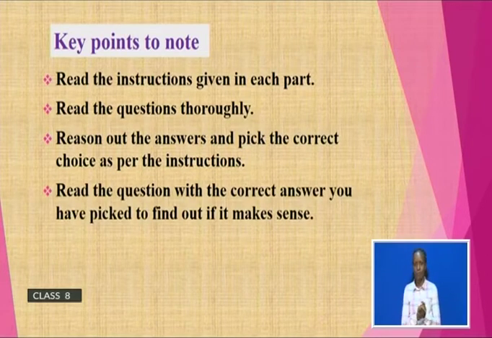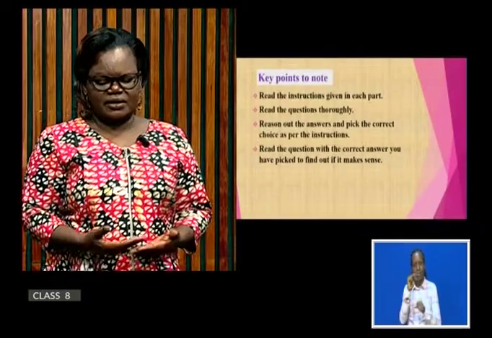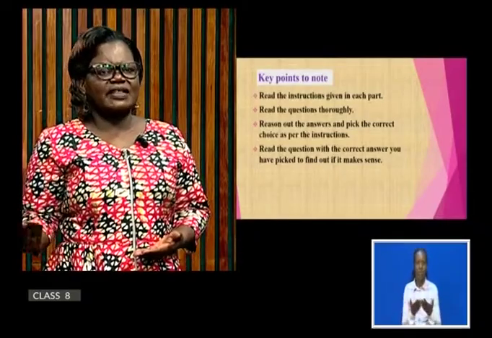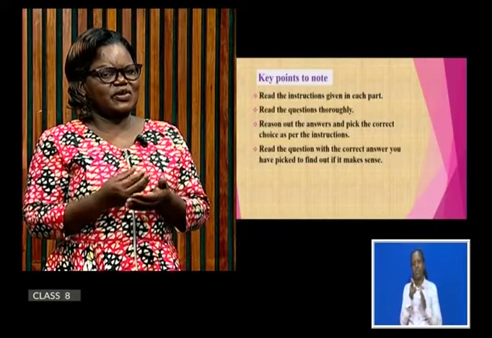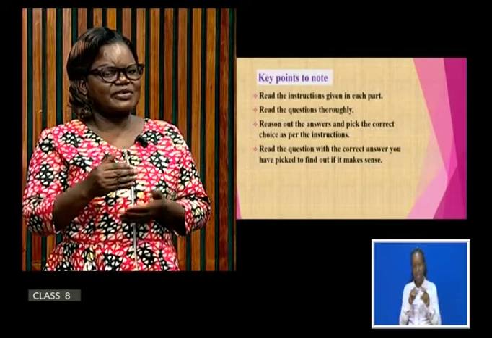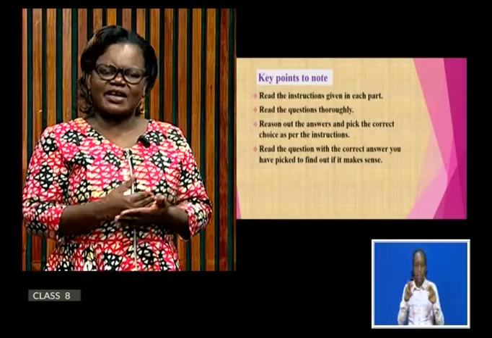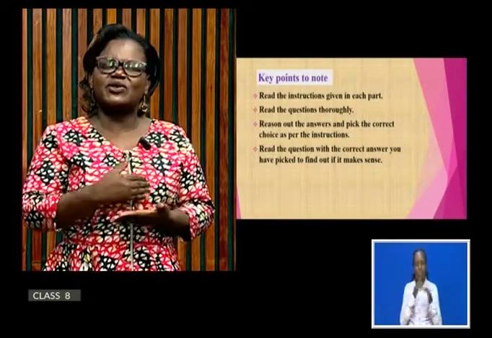Read the question with the correct answer that you have chosen to find if it makes sense. Or maybe there is another answer that is closely together with this answer. So that's why you are supposed, after picking, you check, find out whether it is the correct or the best answer among the choices.